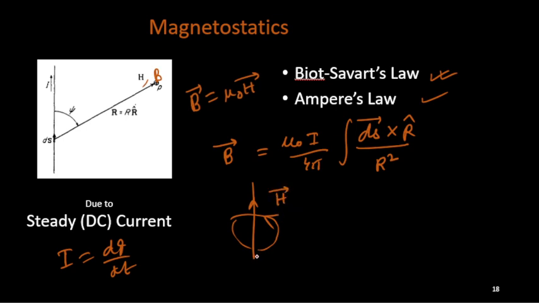So H dot dl, if I consider a dl element, this closed line integral is always equal to the current passing through this wire. So H dot dl equals simply I. This is your Ampere's circuital law. That will be discussed in a detailed way. So these two are important to understand: what is the Biot-Savart law and what is Ampere's circuital law.